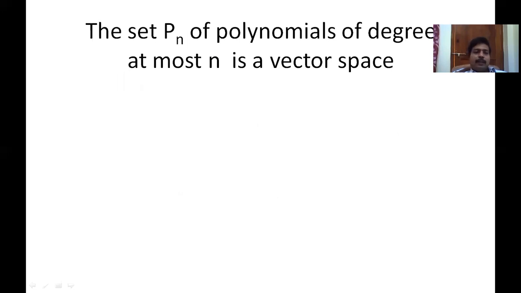The set Pn of polynomials of degree at most n is a vector space. So polynomials are my vectors here.